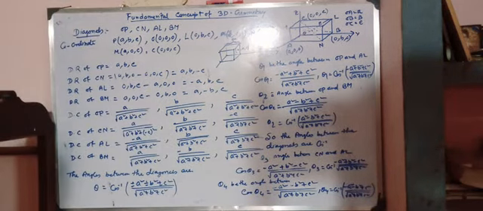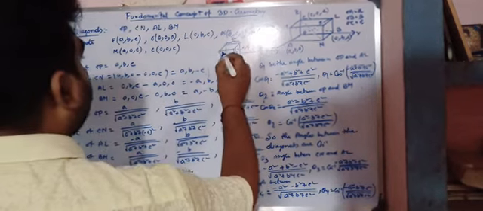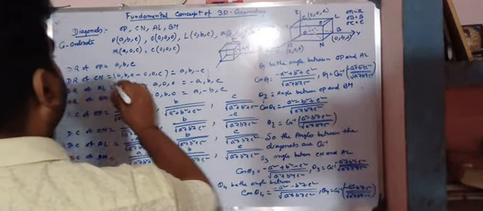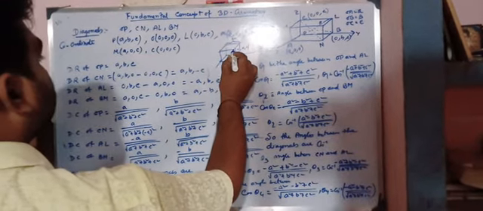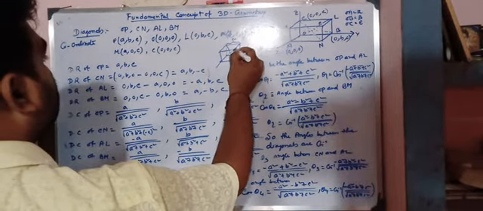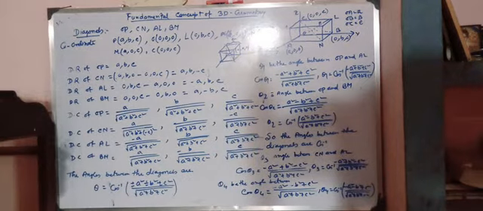Now, since we have the coordinates of these points, we can easily get the direction ratios of the diagonals. This diagonal, this diagonal, that diagonal, and this diagonal. Four diagonals.